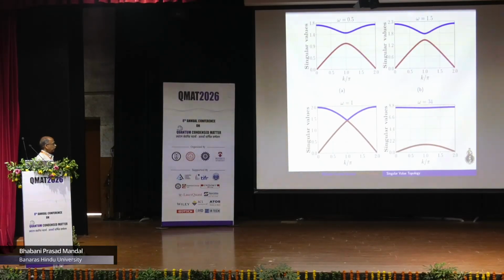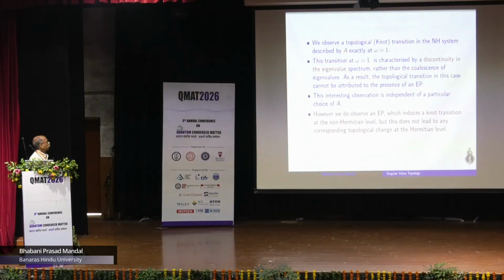We also consider a point omega equal to 34, because we found that some A by which the Hermitian model is constructed has an EP at around 33. So we also want to show that around the EP, the gaps of that Hermitian model are not closed. Okay. So what did we observe?